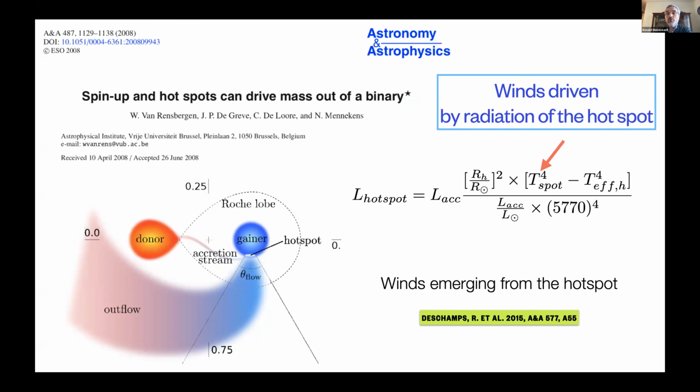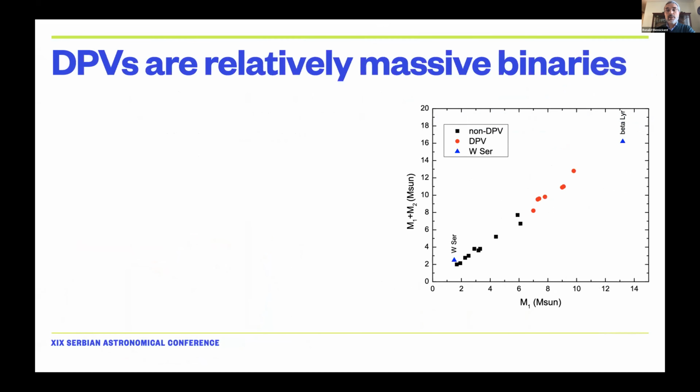So this is also an additional support for the theory of the magnetic dynamo, the theory that proposed that a variable mass accretion through the inner Lagrangian point is producing, through changes in the hotspot, these winds that appear like the long cycle in DPVs. DPVs are relatively massive.